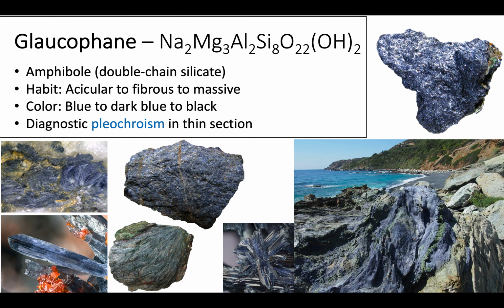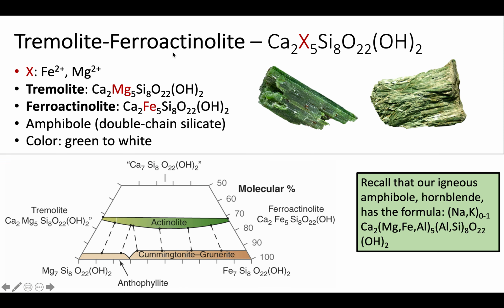A good example of that is glaucophane. So glaucophane is also an amphibole, so it's going to have the same double chain silicate structure. So we see our Si8O22(OH)2 here. But now we have sodium instead of calcium. So if we go back here, we had Ca2 and then iron or magnesium 5.